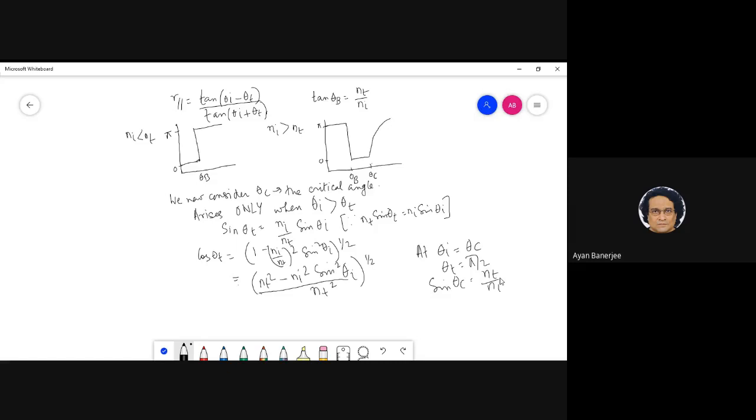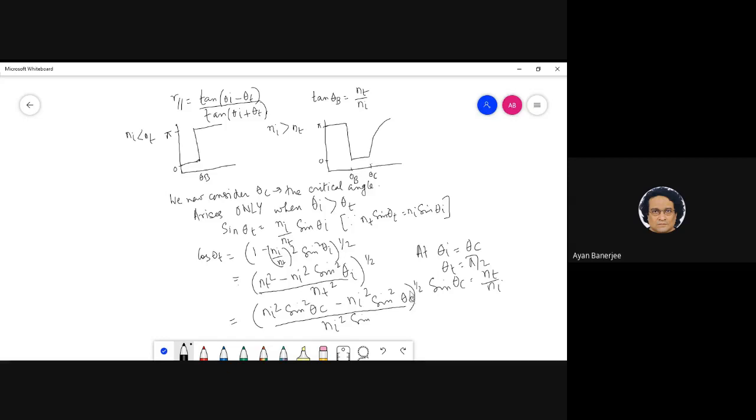Which means I can write this expression as ni squared sine squared theta c minus ni squared sine squared theta I, divided by ni squared.